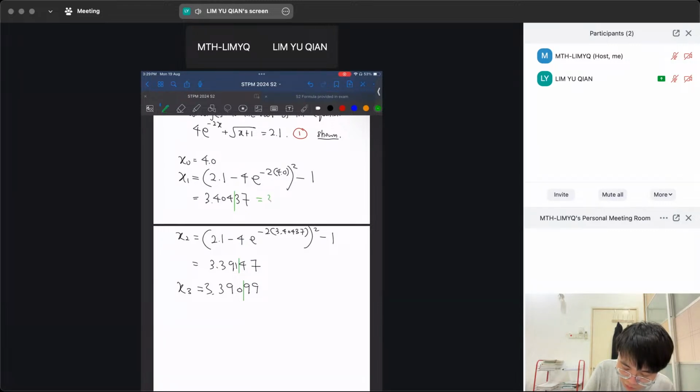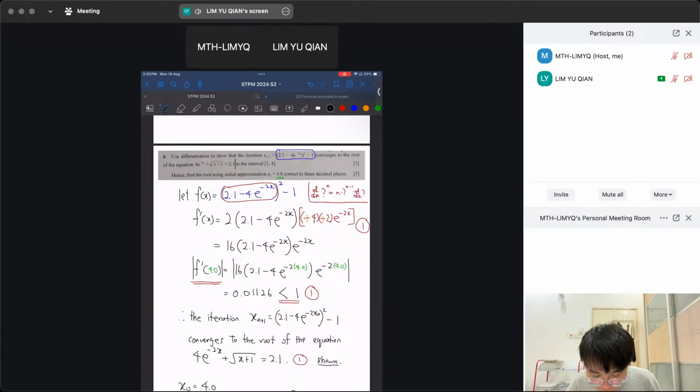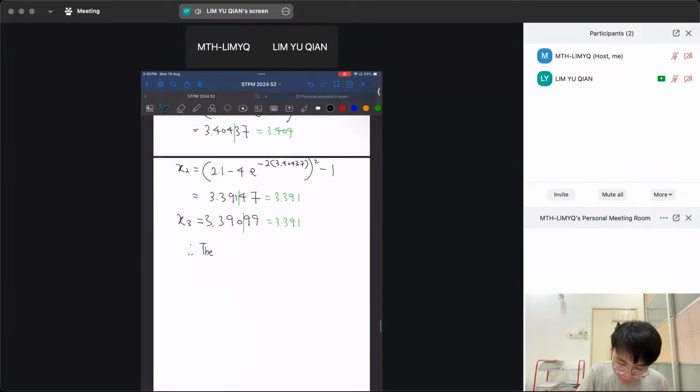This is equal to 3.404. This is equal to 3.391. This is also equal to 3.391. So 3 dp. Therefore, with the conclusion, the root correct to 3 decimal places is 3.391.